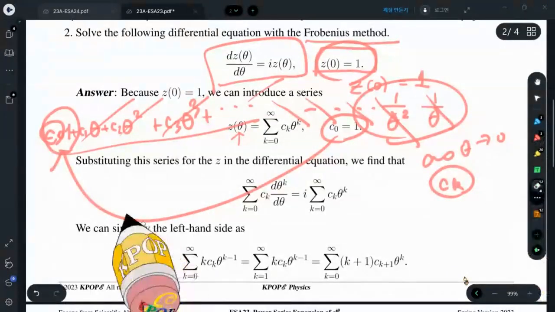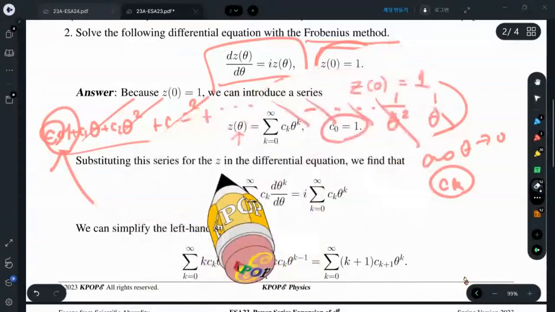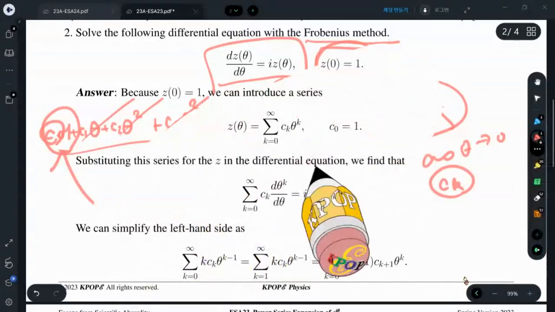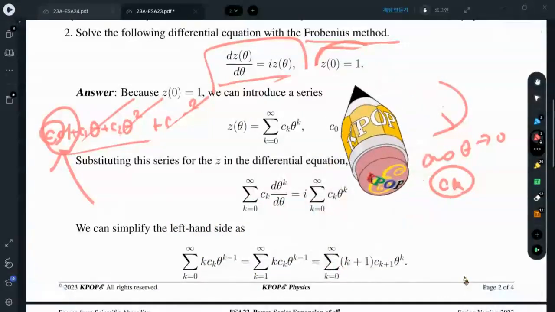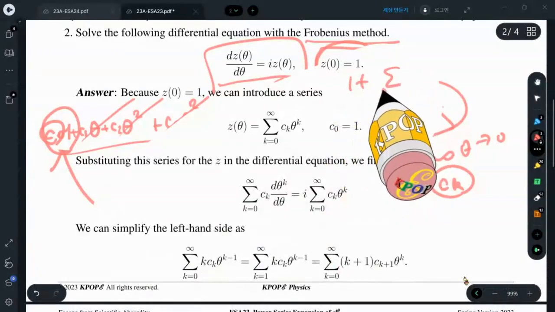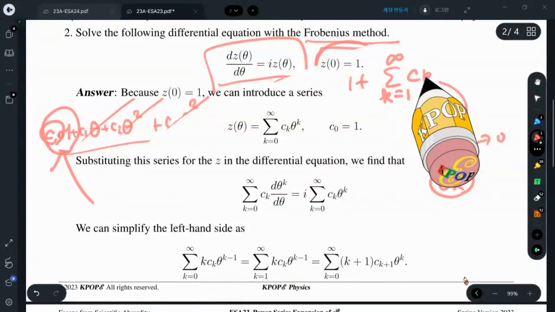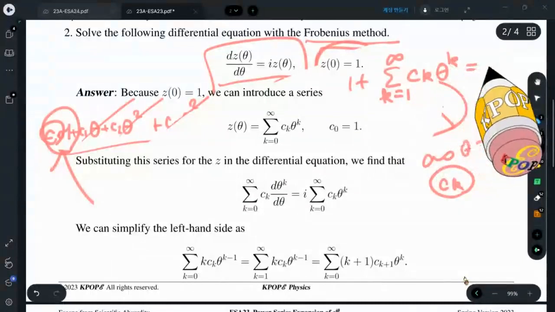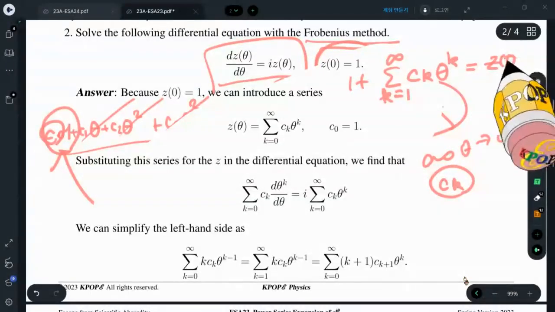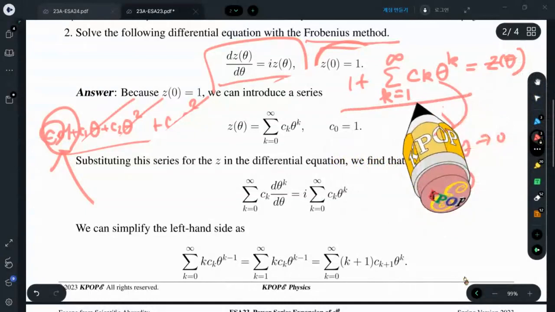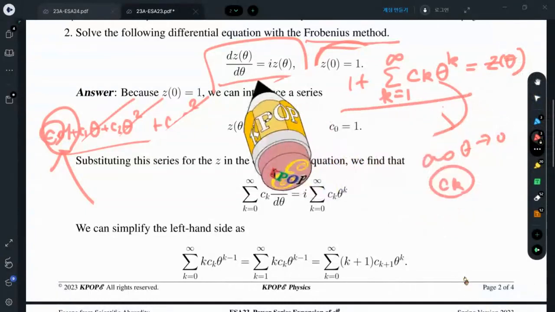Okay, so I'd like to convert this. It is 1 plus sigma k runs from 1 to infinity ck theta^k, and z theta. So I'd like to substitute this one into this differential equation.